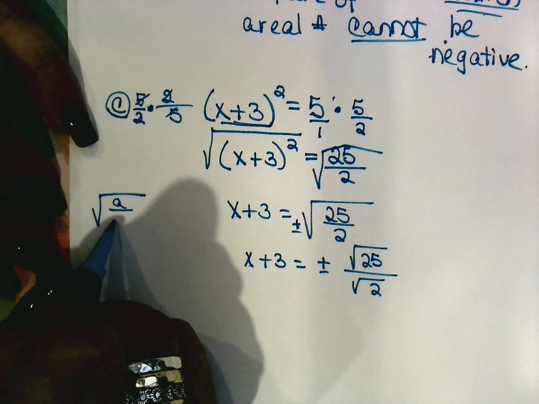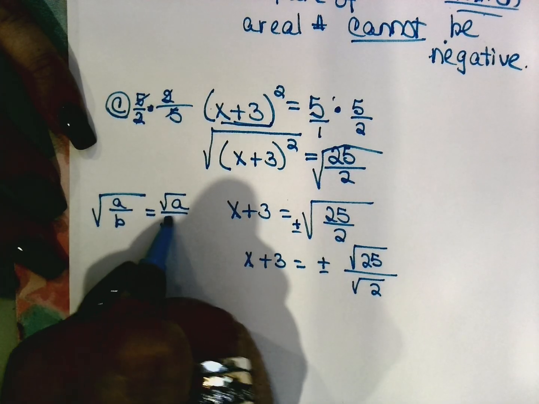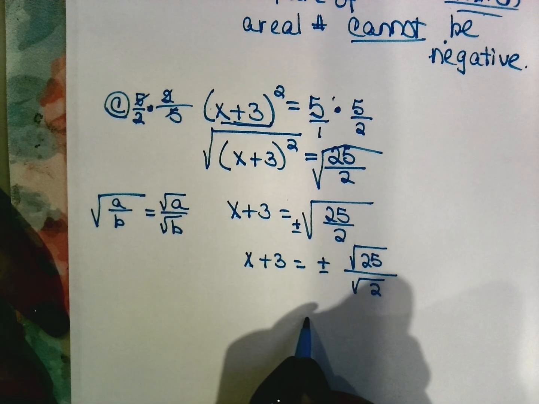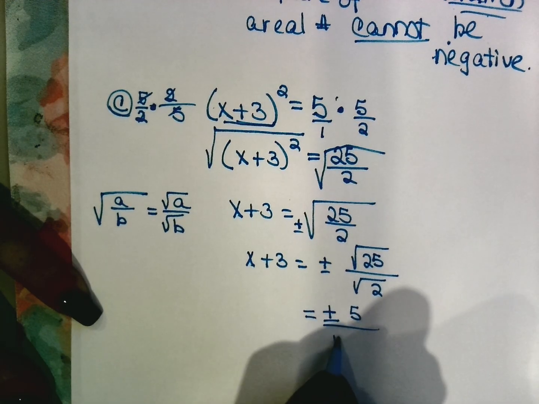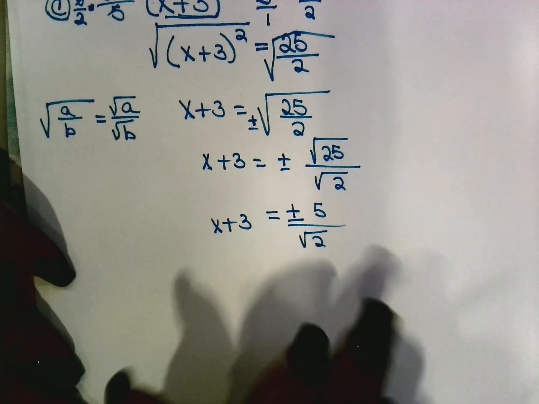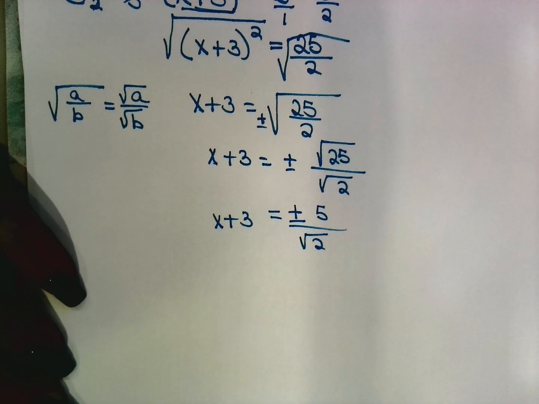So if I have the square root of a over b, that's equal to the square root of a over the square root of b. So perfectly fine. And the square root of 25 happens to be a perfect square. It is 5. And we have the square root of 2 in the denominator. We're still not done. We do not want square roots in the denominator. And you did this back in geometry and I'm sure algebra 1.